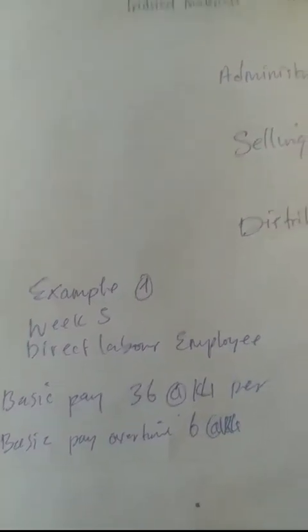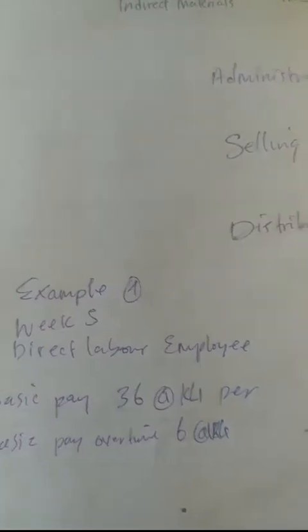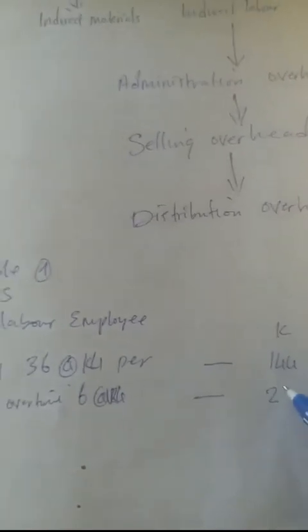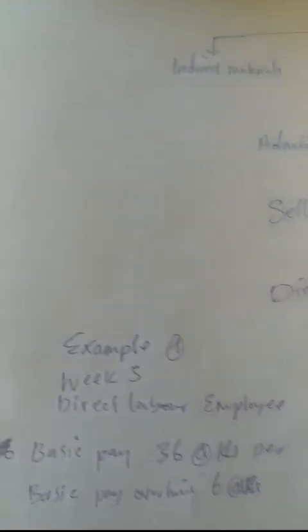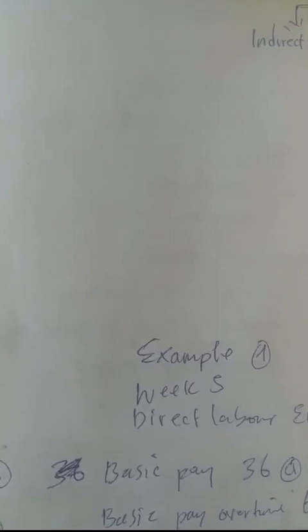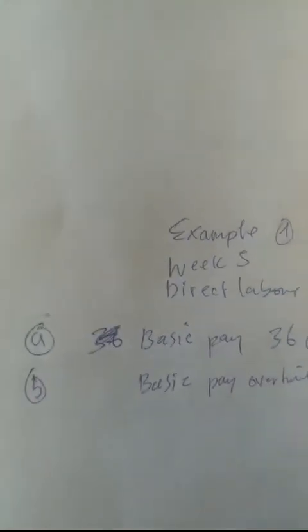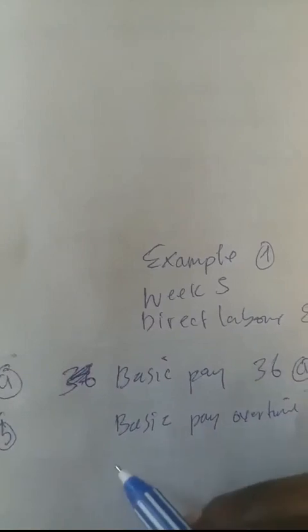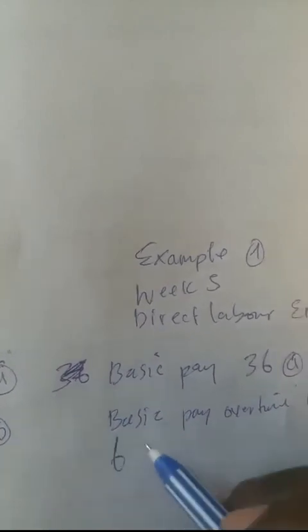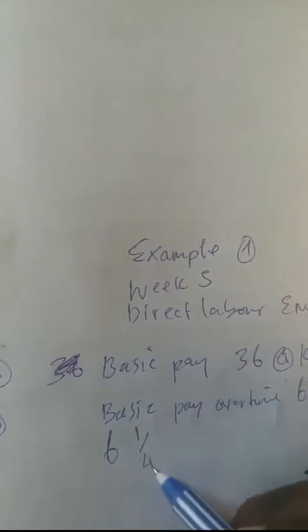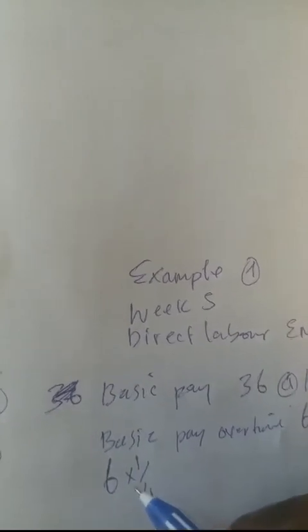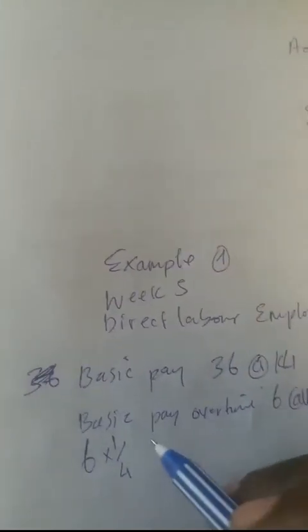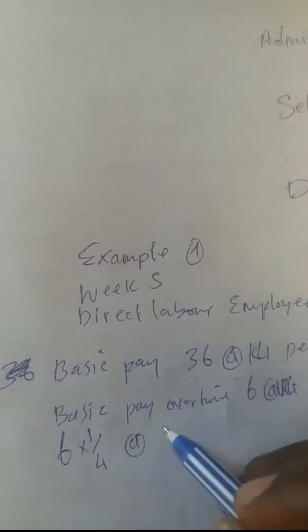So if you multiply that one, it's going to give us 24. And then overtime shift premium, with overtime paid at time and a quarter. The overtime premium is 6 hours, which is paid at time and a quarter, and the rate is 4 kwacha.